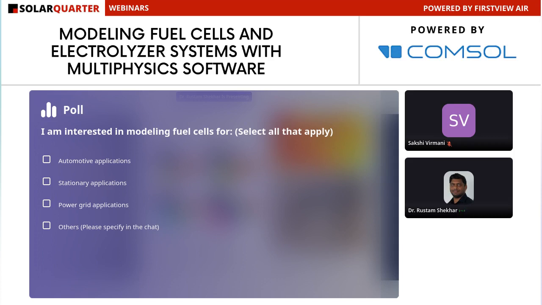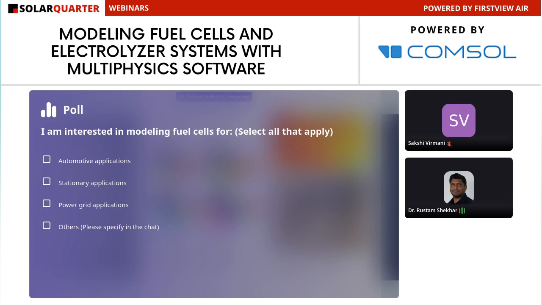So there can be different applications, or else if some people want to use it for other applications, they can mention that in the chat box, so then we can take up those different applications, and if possible we can showcase a demo for that particular area.